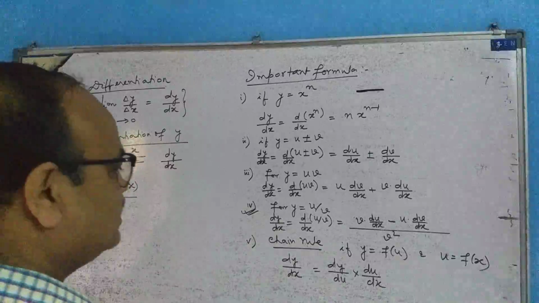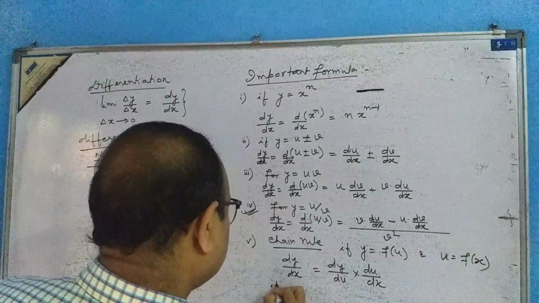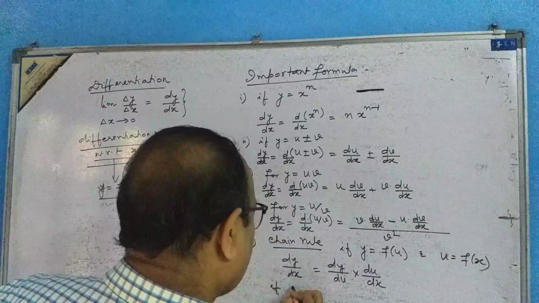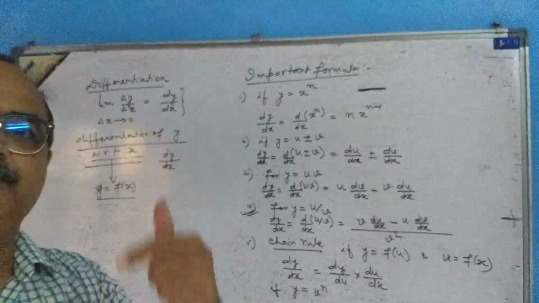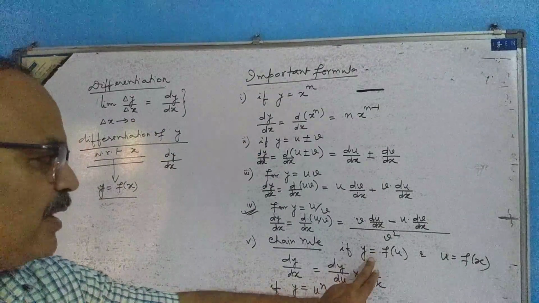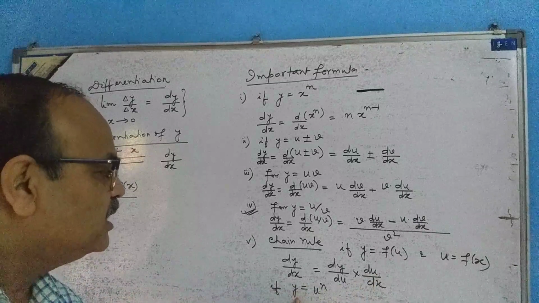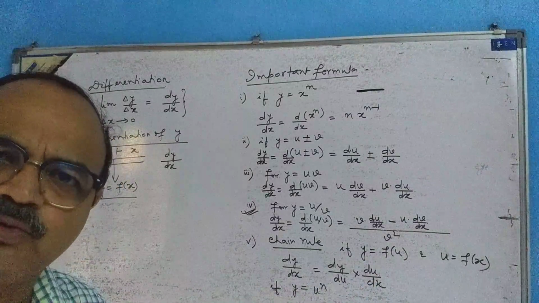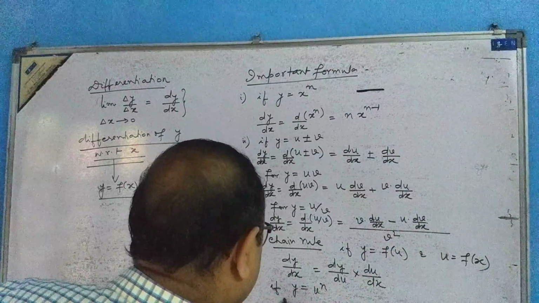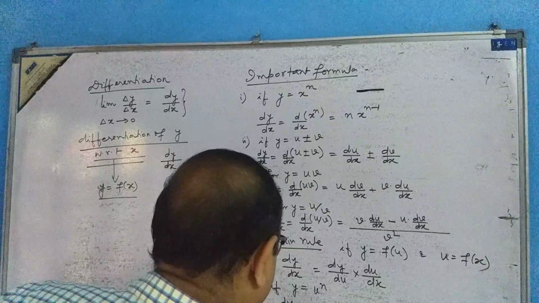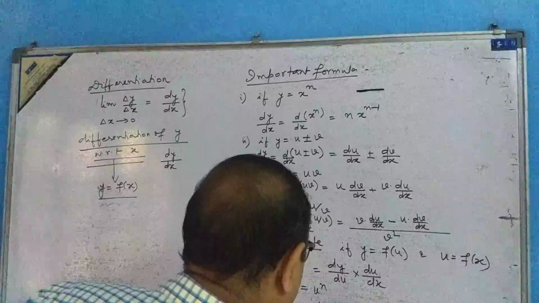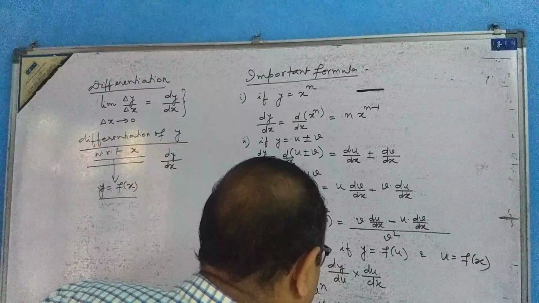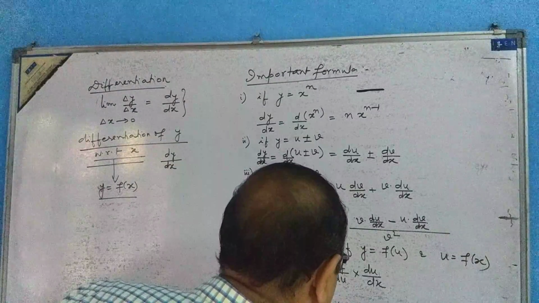Understood? And if y is equal to u to the power n, let us say, if y is a function of u, then y should be maybe u to the power n, then dy by dx should be how much? d by du of u to the power n into du by dx.